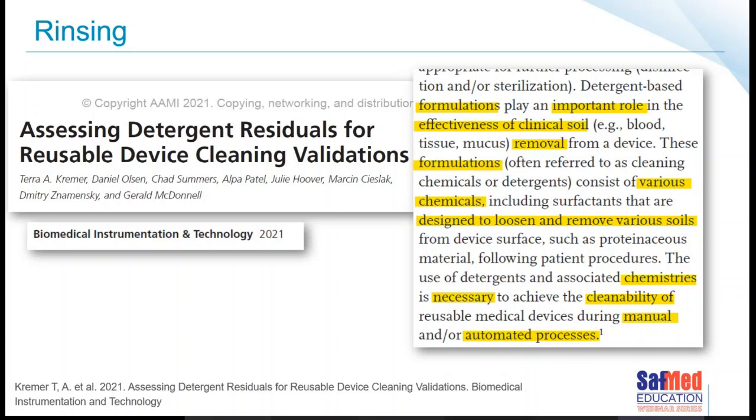So in the introduction, it talks to the fact that detergent-based formulations play an important role in the effectiveness of clinical soil removal, that the formulations, often referred to as cleaning chemistries or detergents, consist of various chemicals, including surfactants, designed to loosen and remove various soil types from device surfaces, such as proteinaceous material following patient procedures. The use of detergents and associated chemistries is necessary to achieve the cleanability of the reusable instruments during manual and automated processes.